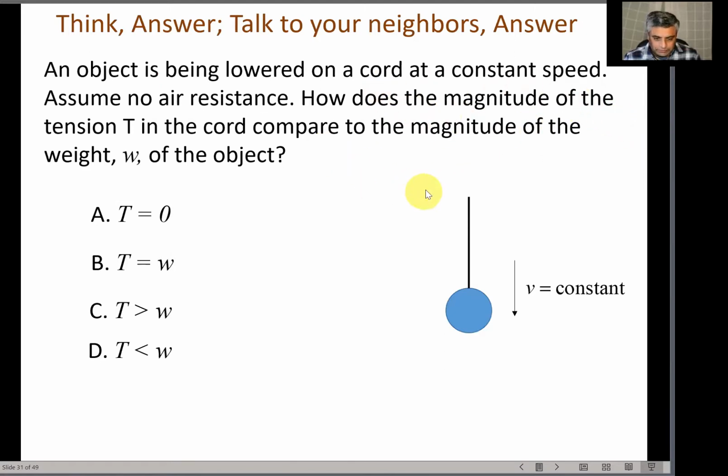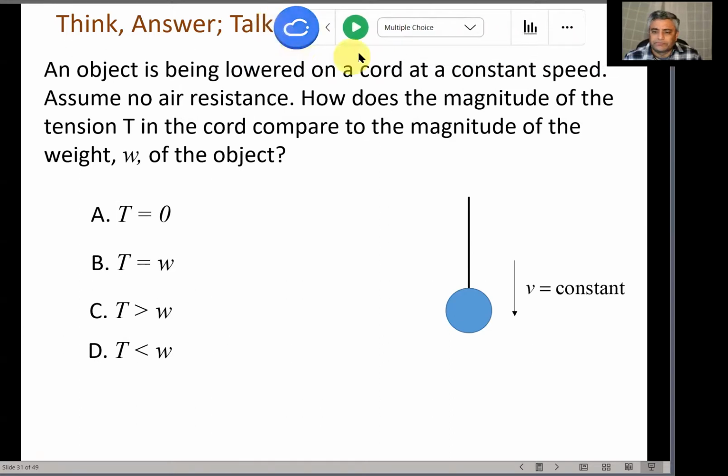So now here is this question. So let me open the poll, and you have a minute and 30 seconds. And make sure to draw the free body diagram.